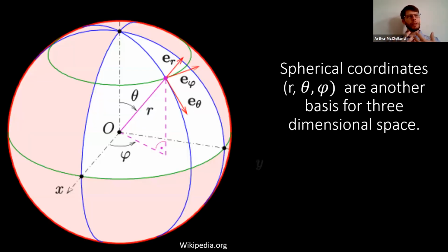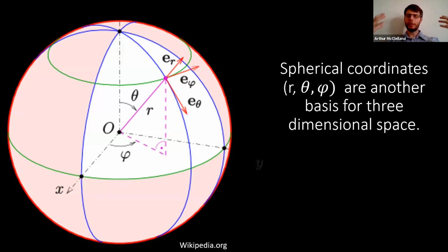And you shouldn't be so scared or it shouldn't be so unfamiliar to change basis sets. We change coordinate systems when we solve physics problems fairly often. So we can go from Cartesian coordinates, x, y, z, to spherical coordinates, r, theta, phi. And the r, theta, phi vectors are just a different basis set. It's still a three-dimensional space.